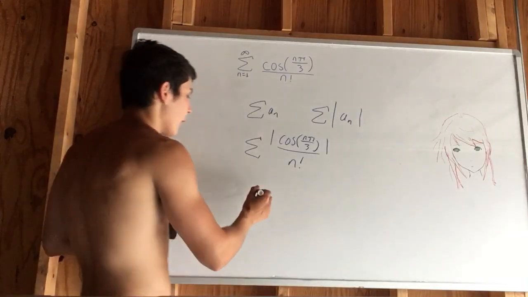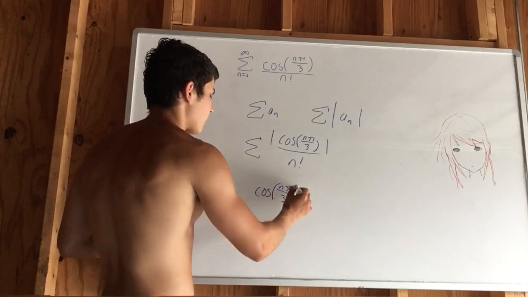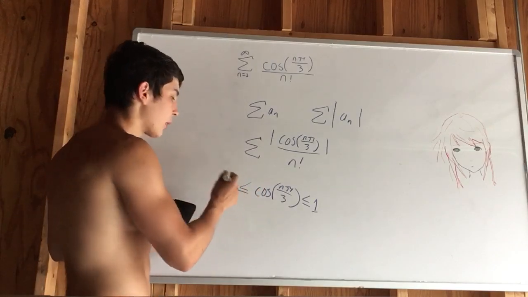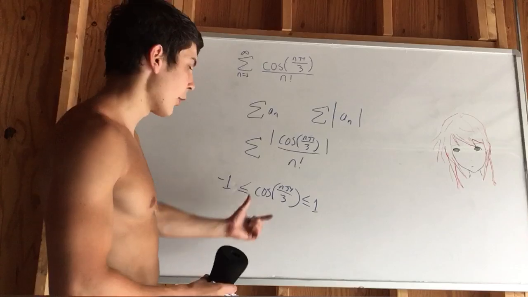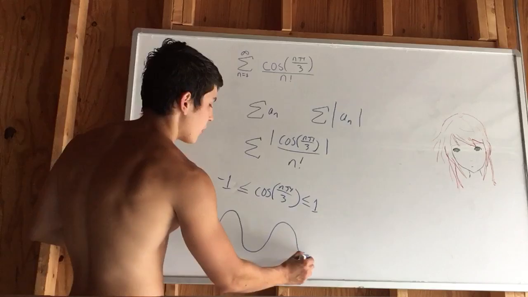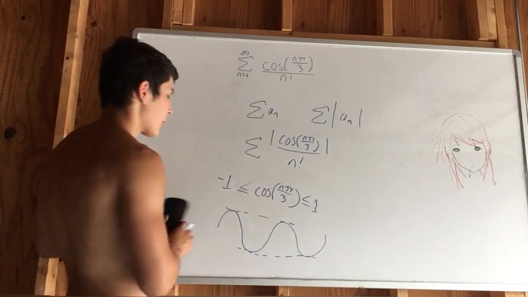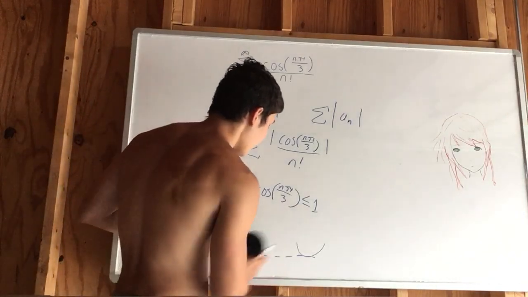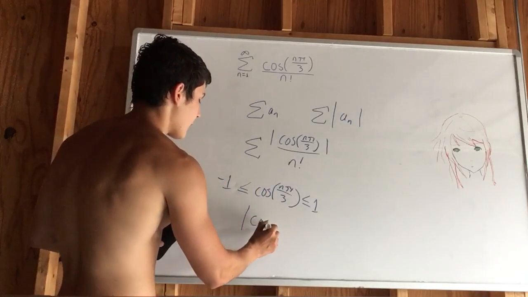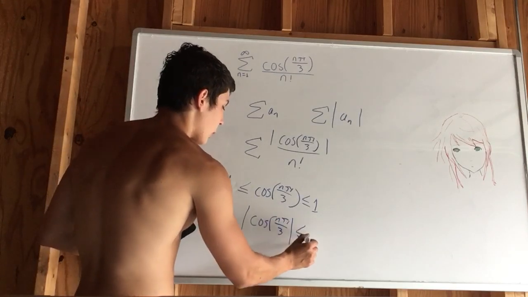And then, since we know that cosine of n pi over 3 has to be less than or equal to 1 and greater than or equal to negative 1, because we know this from the graph of cosine, which is always between negative 1 and 1 and includes 1 and negative 1, then we know that the absolute value of cosine of n pi over 3 has to be less than or equal to 1.